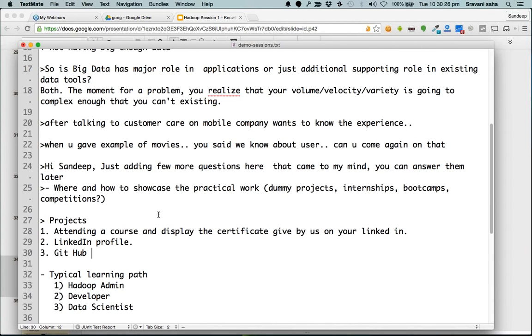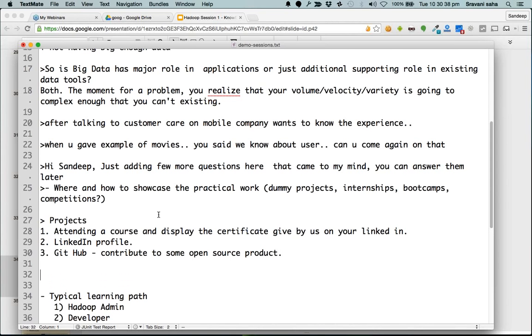You can do two things: create, or contribute to some open source product. And fourth, for competitions, you can try kaggle.com. It's actually very decent.